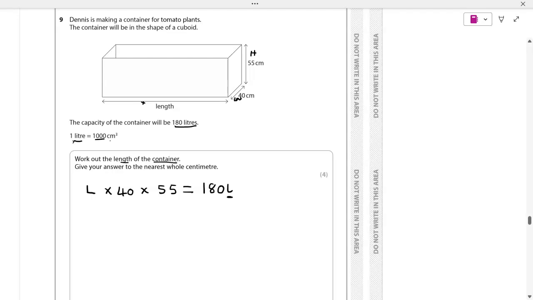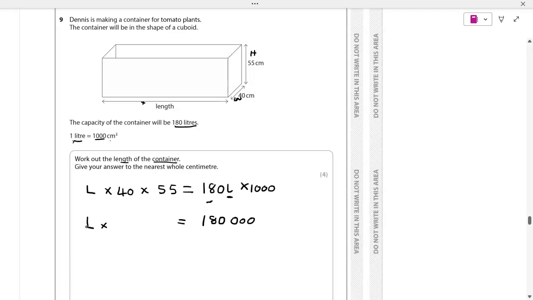So looking at the units, we've got 180 liters, and 1 liter is equal to 1000 cubic centimeters. So we times this by 1000, and that will give us 180,000. We do not know what the length is, but we do know the width and the height.